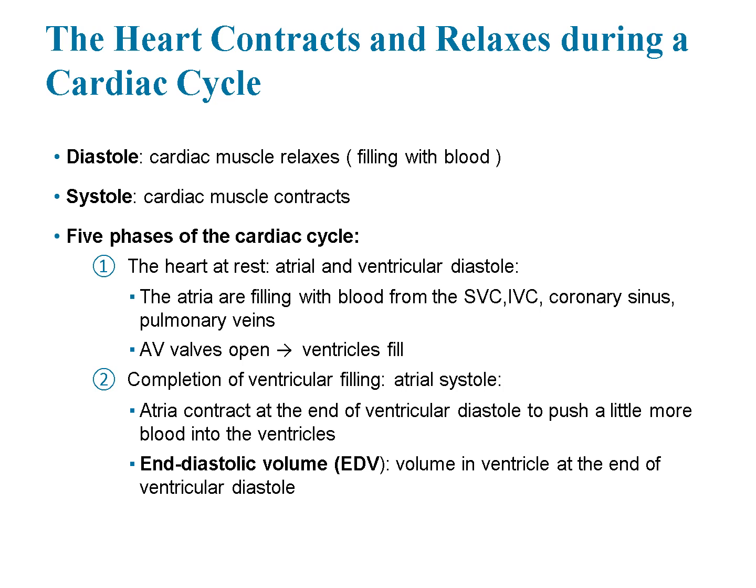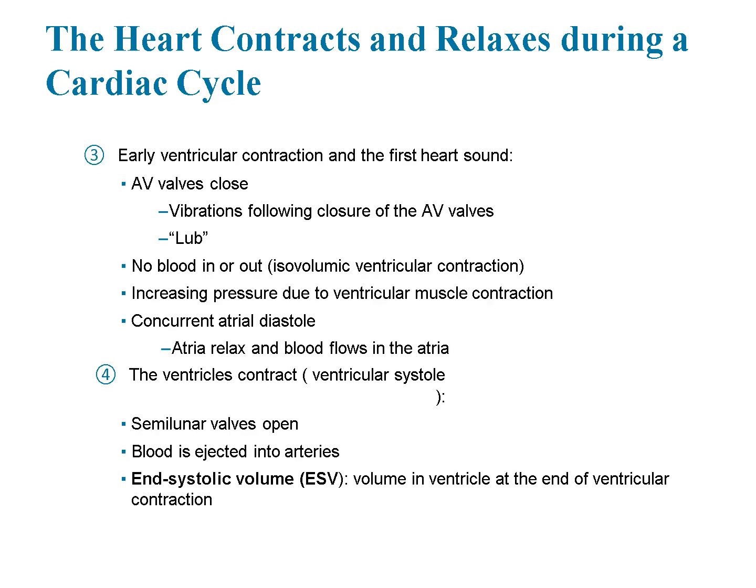This structured cycle of filling and contraction allows the heart to function as an efficient pump, maintaining continuous blood flow to the body and lungs. As the cardiac cycle progresses, the heart transitions from ventricular filling to ventricular contraction, generating the first heart sound and initiating blood ejection.